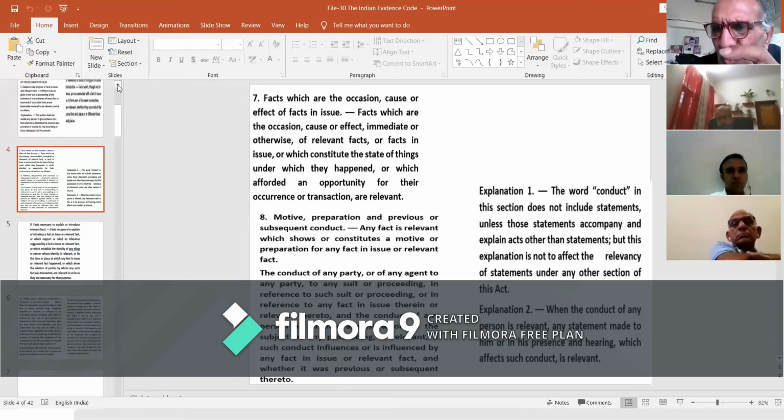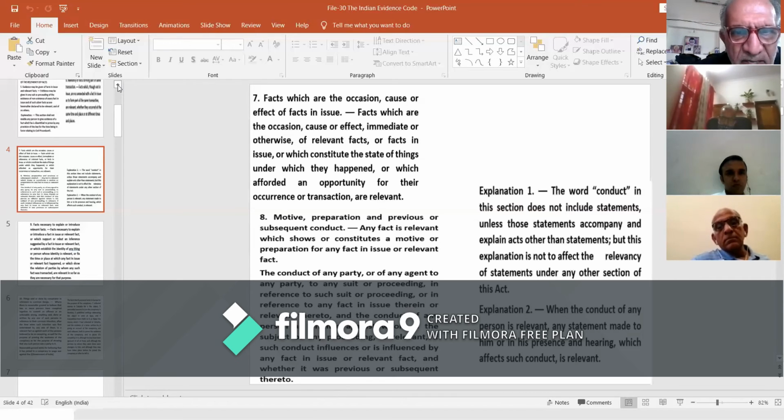Mens rea we know is the basic ingredient, basic constituent, basic feature, basic value. And with respect to it, the mental states, which is a continuous phenomenon, and human conduct, which also is a continuing phenomenon. Therefore, as far as the motive, preparations, and conduct is concerned, there are three words: motive, preparations, and conduct. Same may be previous or subsequent to the happening of the crime or event.